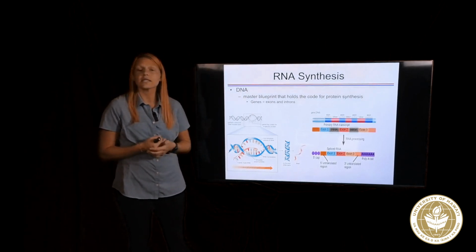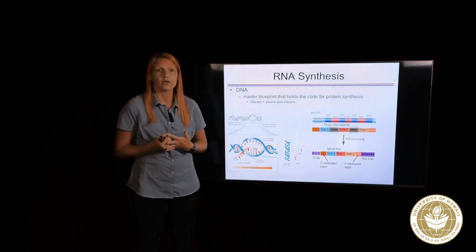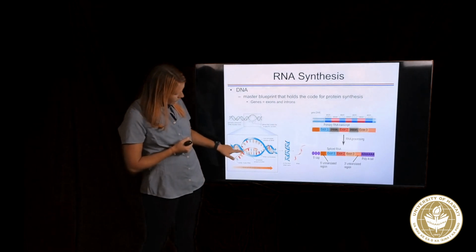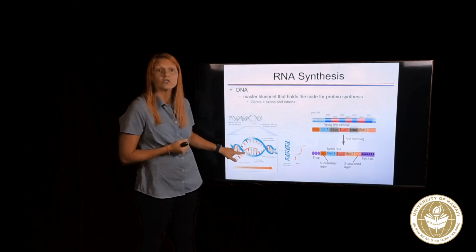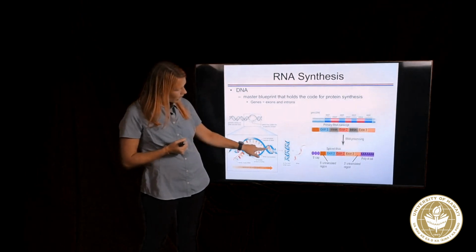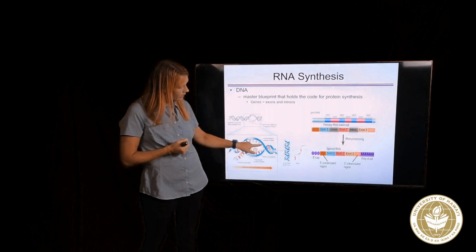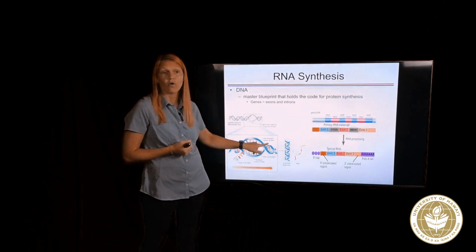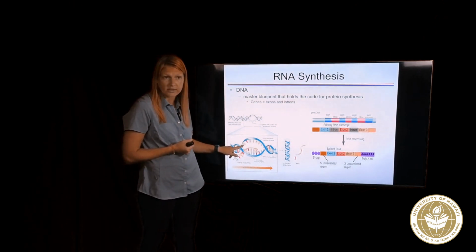Only in this case, instead of having a leading and lagging strand, we have our template strand right here, which is going to be used to synthesize the RNA. And then we have this informational or non-template strand up here that is not used for this RNA synthesis process.